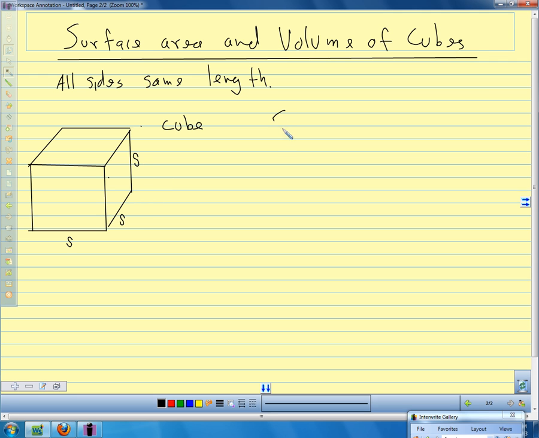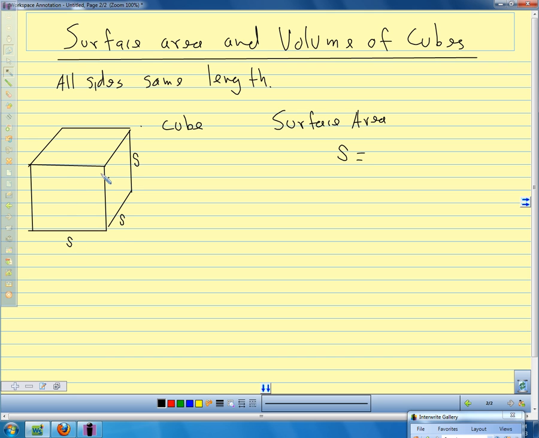The surface area. We talked a little bit about the surface area of the cube already when we did our little drawings. When we found the surface area of our cube, what we did was say, let's find the area of one face of the cube, one square.